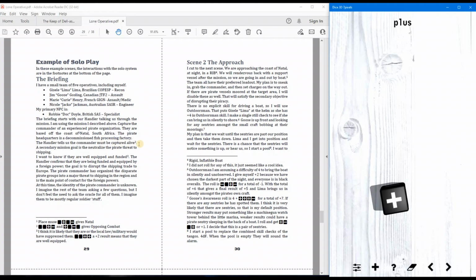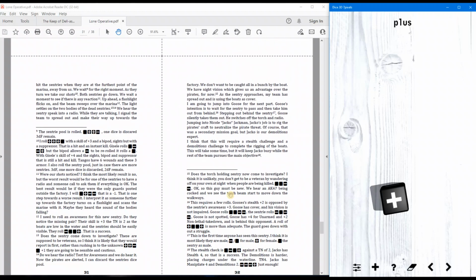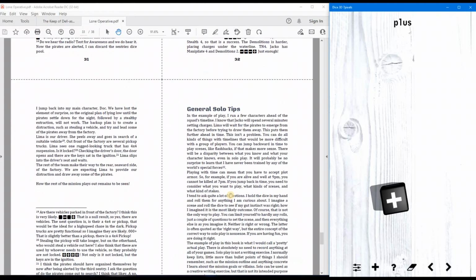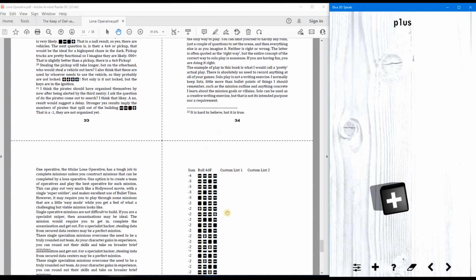So in my mission, I was told that the commander should be captured alive, in terms of opposing combat, as in not killing them. So the top section is the game, if you like, and the bottom section is all the solo rules in action and skill checks and things. And then that becomes the next section.